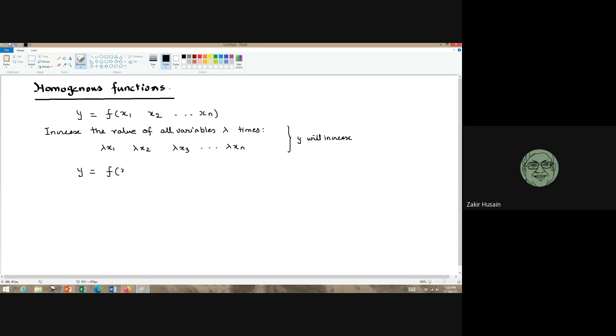And the answer is that if y increases by lambda to the power of n, then we say that y is a homogeneous function of degree n. Okay, is this clear?